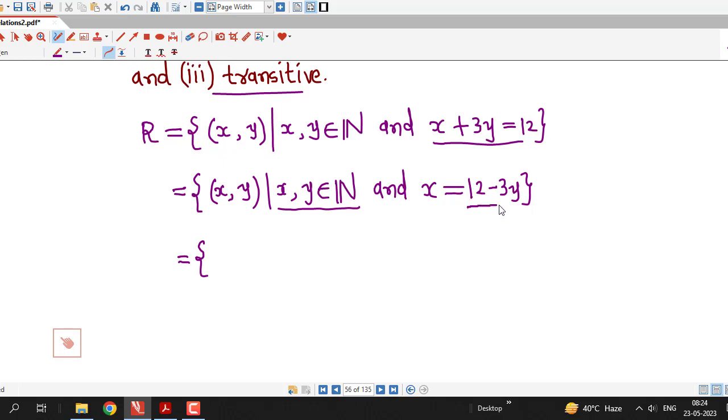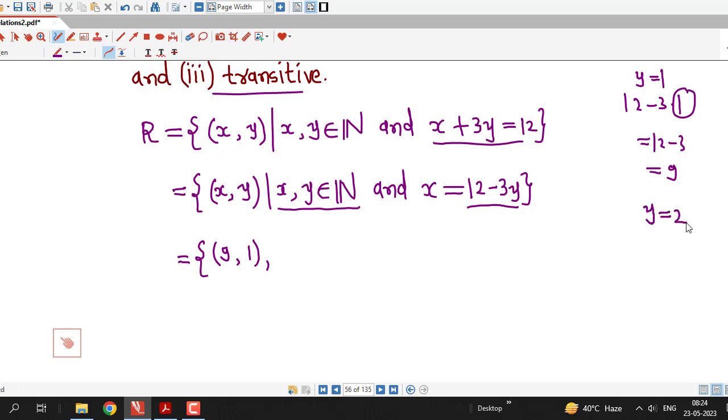If I take y equal to 1, I will have 12 minus 3 into 1, that is 12 minus 3, which is 9. If I take y equal to 1, I obtain x equal to 9. So one element is the ordered pair (9, 1). This is for y equal to 1.